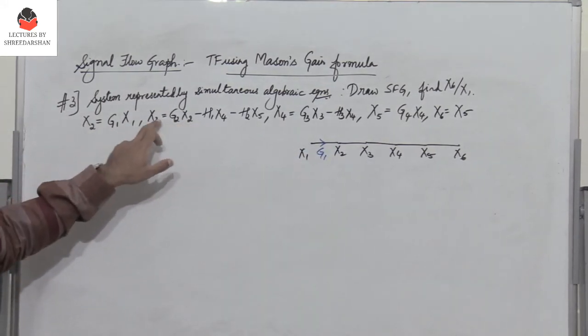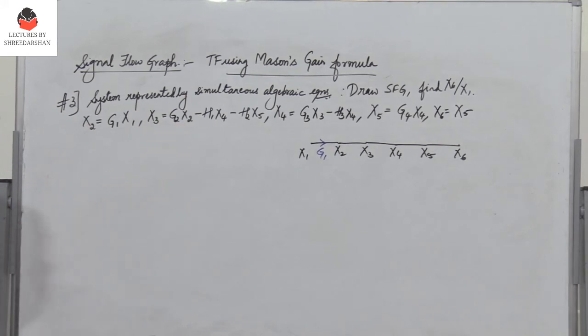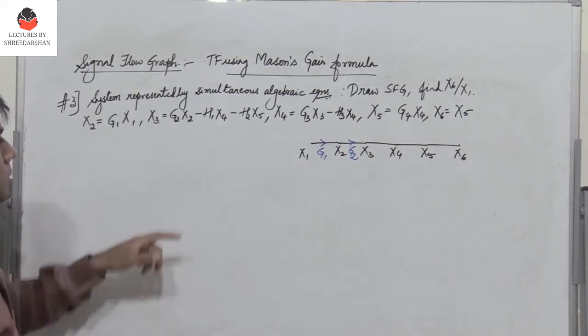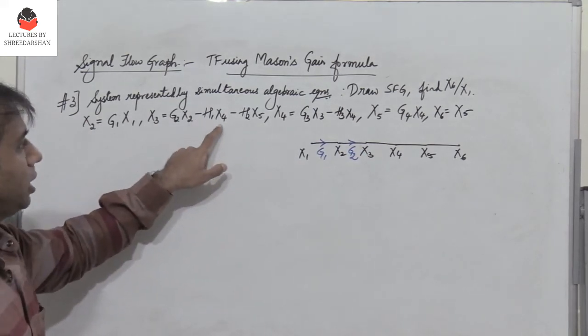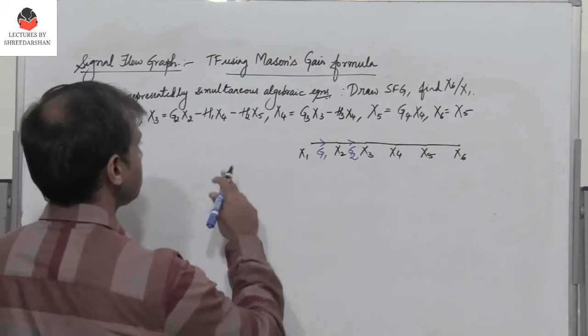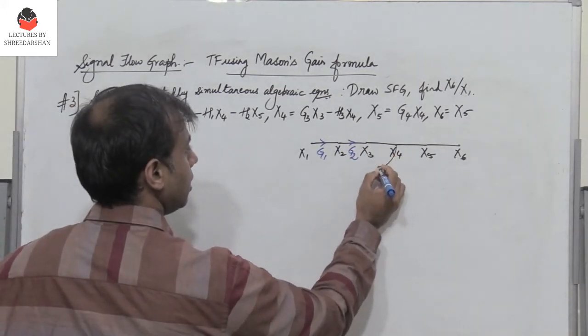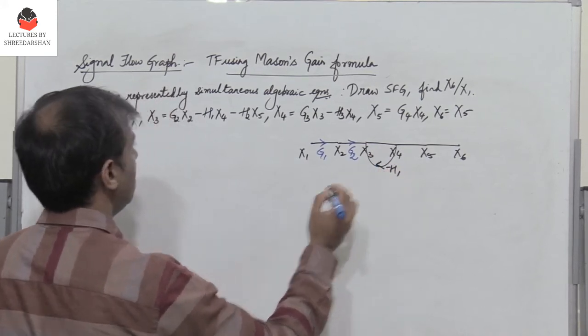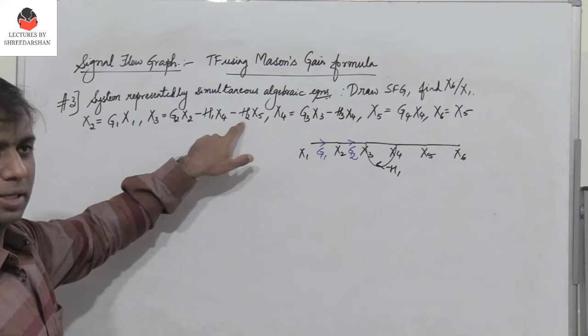What is x3? x3 is g2 into x2 minus h1 into x4. So from x4 I have minus h1, and also minus h2 from x5.